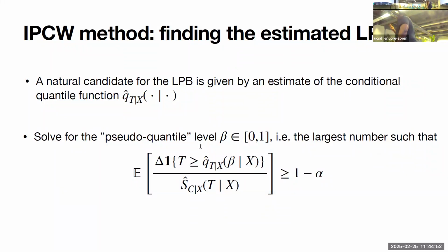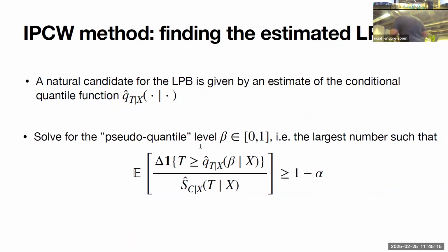So we're turning it on its head because we don't want to have to assume that we can do a good job estimating t given x, the law of t given x. If you do a good job, this is going to produce a very tight lower bound. If you do a poor job, it's going to contribute to a conservative lower bound, but both are going to be calibrated. And that's our goal.